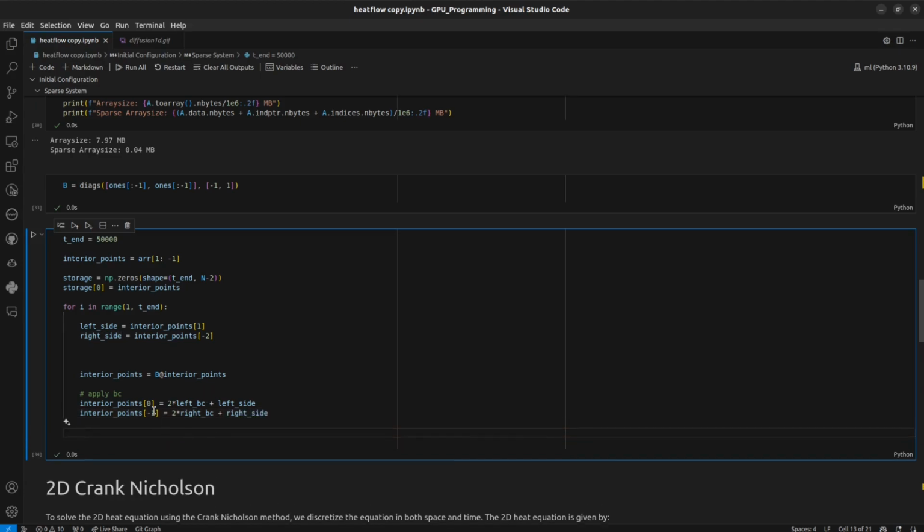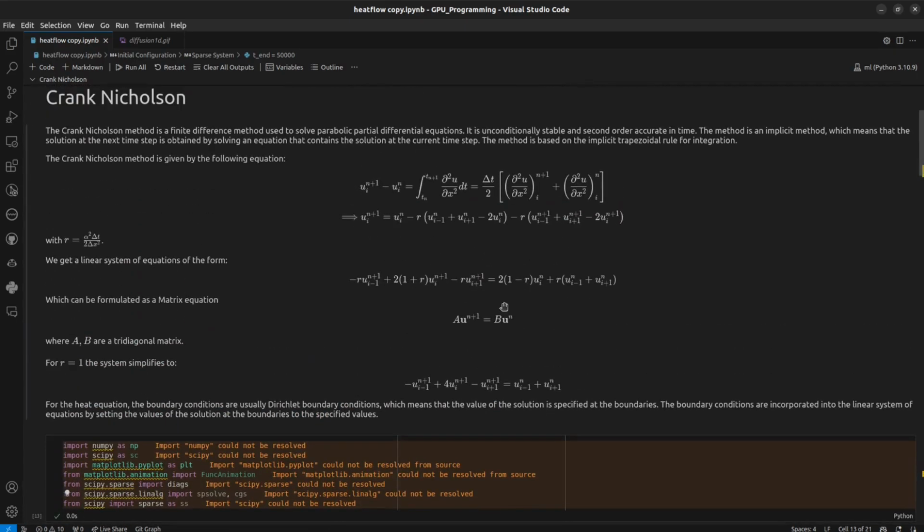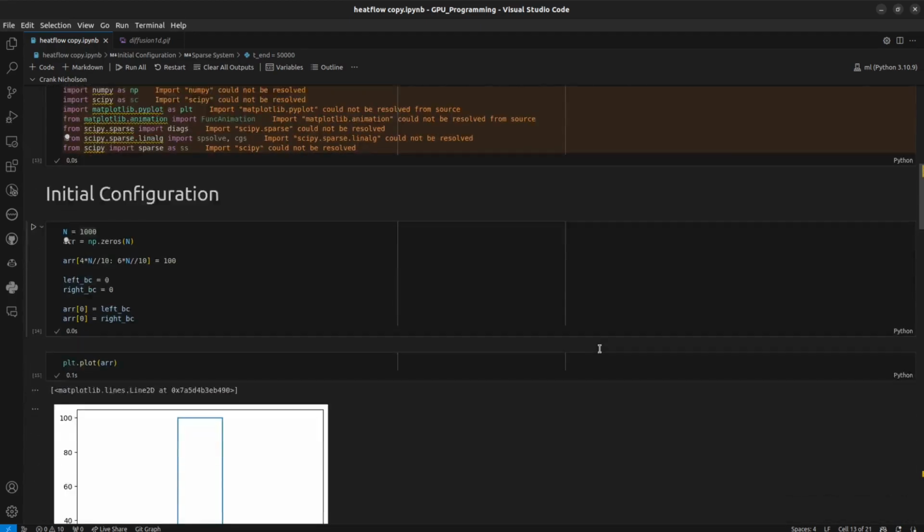Okay, now that we have our right side in the right format, we can solve this linear system for these un+1.